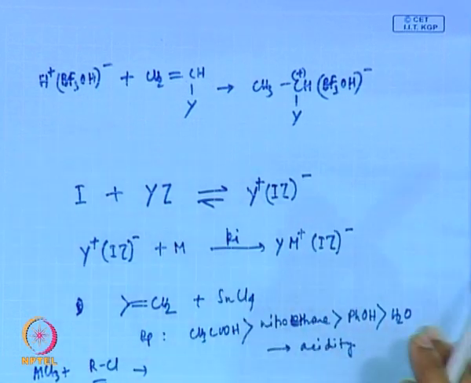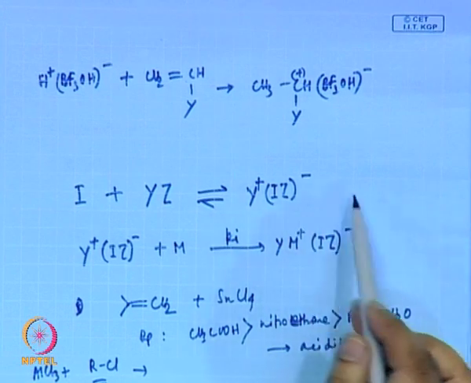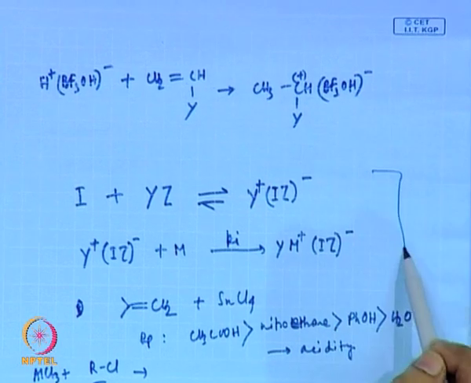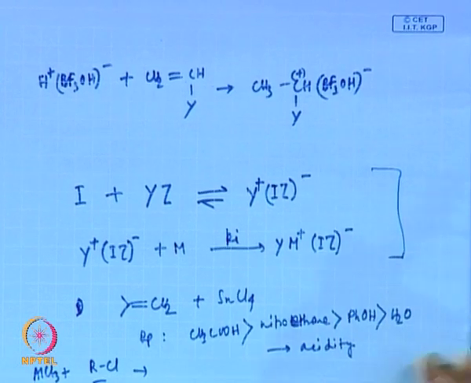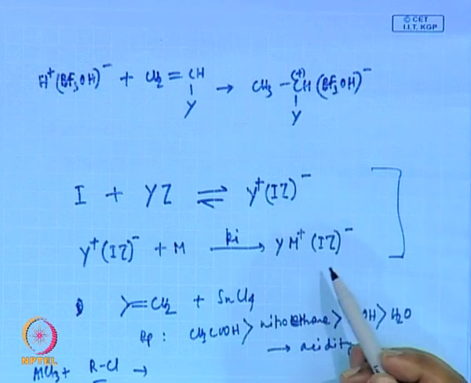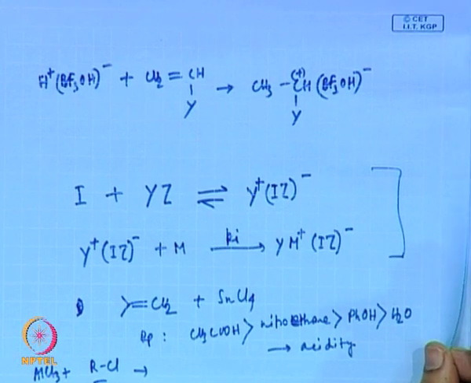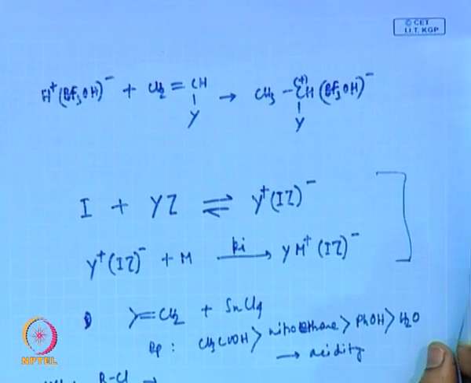So, when we talk about kinetics or energetics, we will consider this generic initiation step for further discussion, because this is the most important of the initiation steps we just discussed.